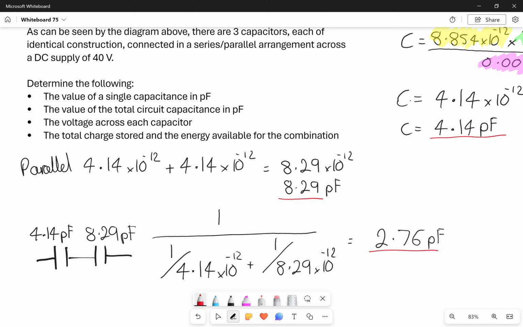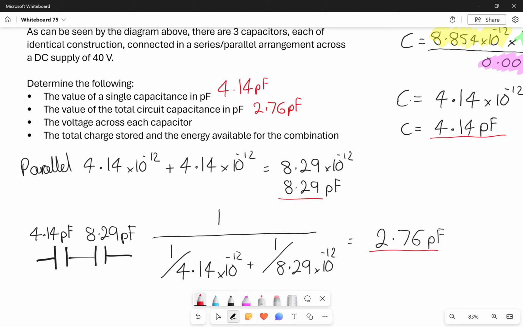Now this value is our total circuit capacitance. So we've got a single value of capacitance, which is our 4.14 picofarads, and we've got a total circuit capacitance of 2.76 picofarads.